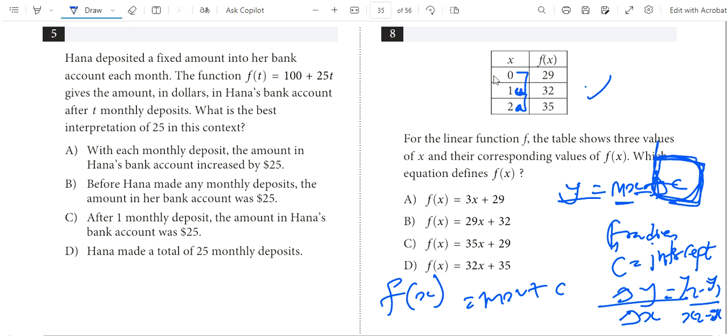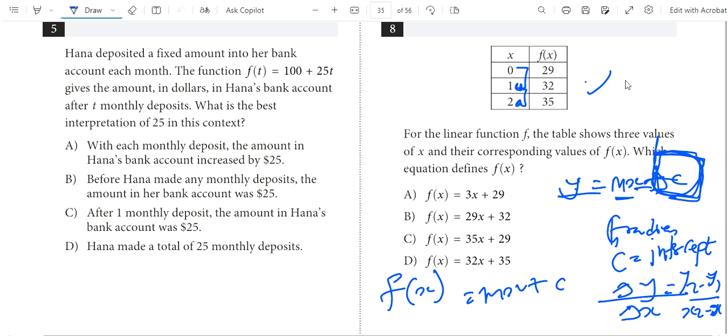Now the difference between x1 and x2 here is just 1, so my change in x is 1. And the difference between 29 and 32 is just 3, so my change in y is 3. If I go on to confirm with the next set of values, I can also see that the difference between 32 and 35 is also 3.